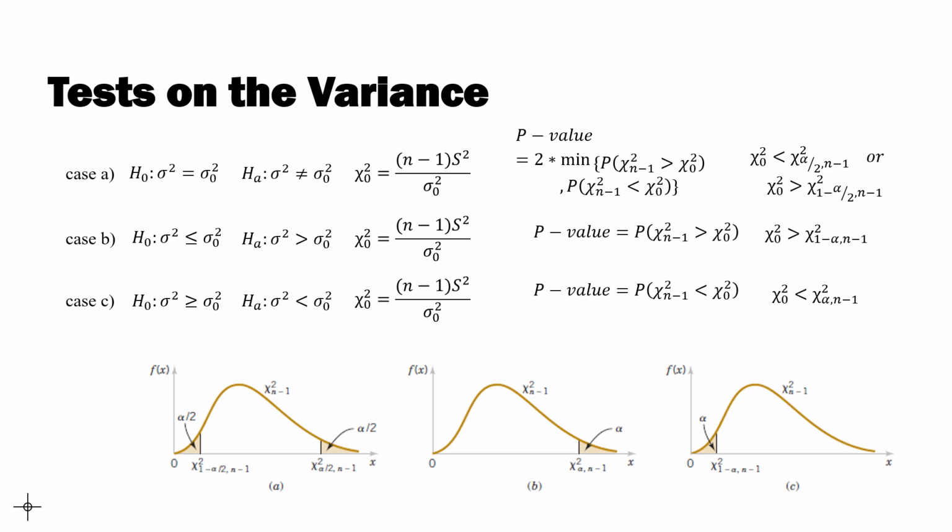The upper-tailed test, case B, is used when we are specifically testing whether the population variance is greater than the hypothesized value as stated in the alternative hypothesis. In this test, the p-value is calculated by finding the probability of observing a chi-squared test statistic greater than the one we calculated. If this p-value is small, it leads us to reject the null hypothesis in favor of the alternative.